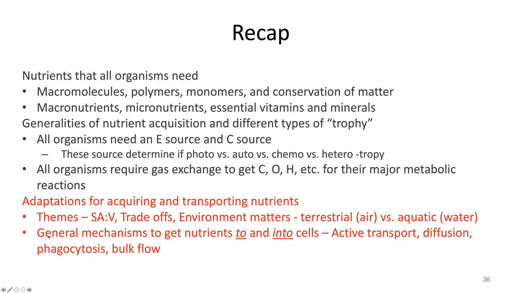We also talked about some general mechanisms to get nutrients into cells and to those cells in the first place: active transport, diffusion, phagocytosis, and bulk flow. And we talked about the different types of organisms that use these different mechanisms.